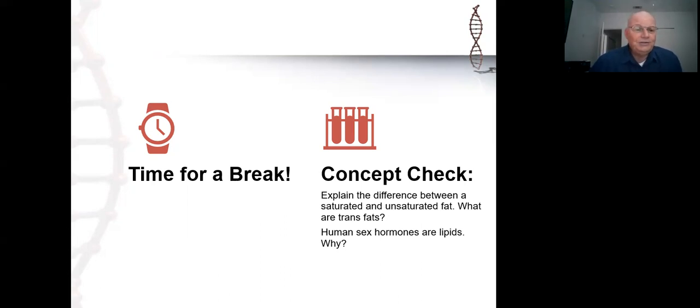What are trans fats? Trans fats are a variation on the unsaturated fat form that is found naturally. Remember, the natural form of an unsaturated fat is the cis form. It has a huge kink in the tail. A trans fat is the alternate geometric isomer form, and it re-straightens the carbon chain so that it behaves more like a saturated fat.